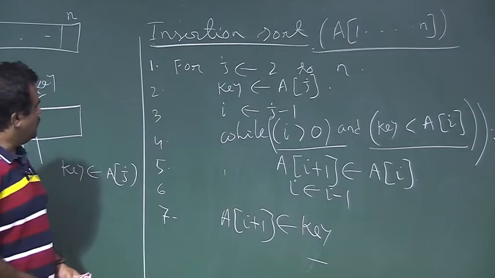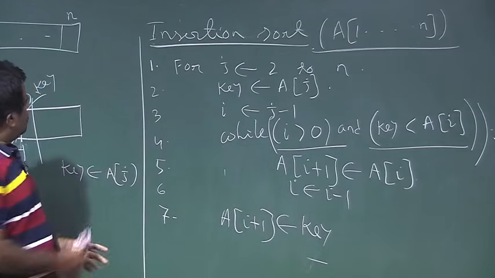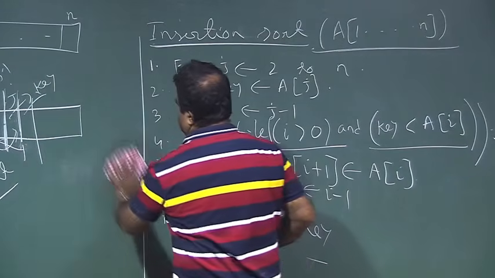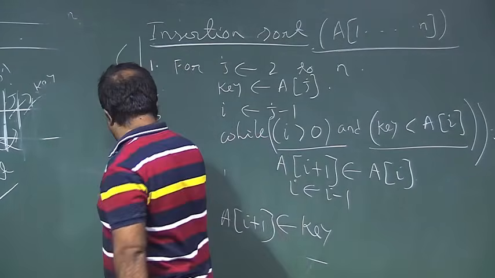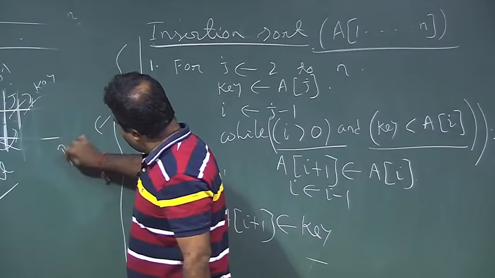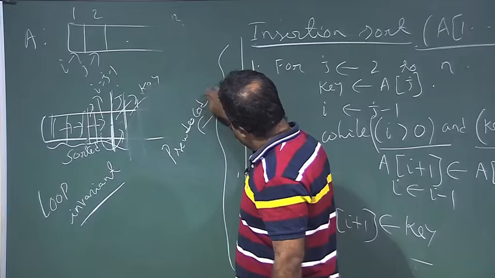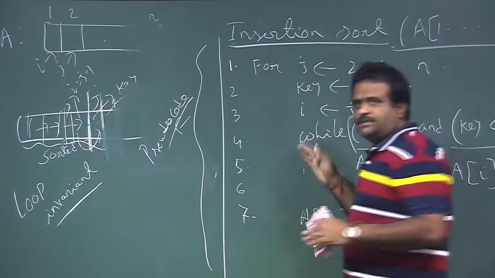So this is what is called pseudo code. The description we have written is called pseudo code. This is basically the description of what we are doing.